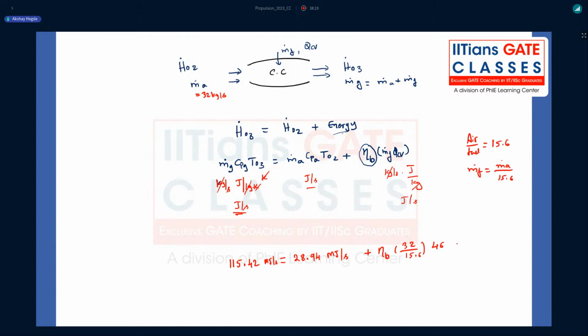That again gives me megajoules per second as the total unit. So in all the conditions, I can cancel out this mega, that is 10 to the power of 6, so I don't have to put in numbers there.